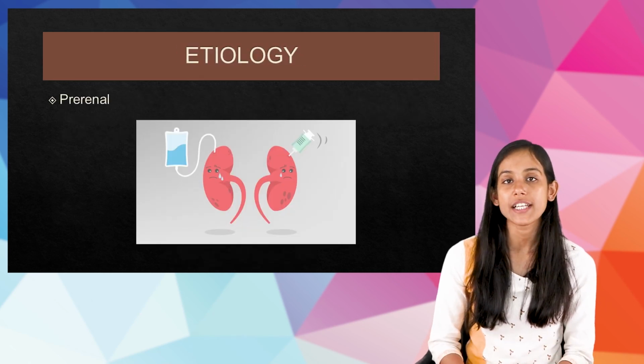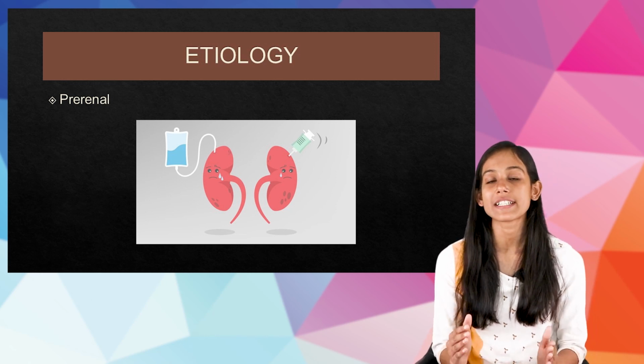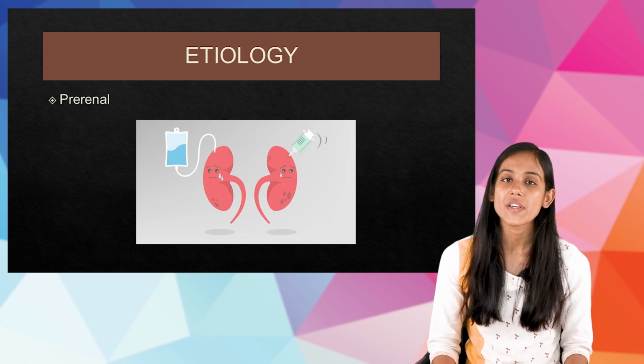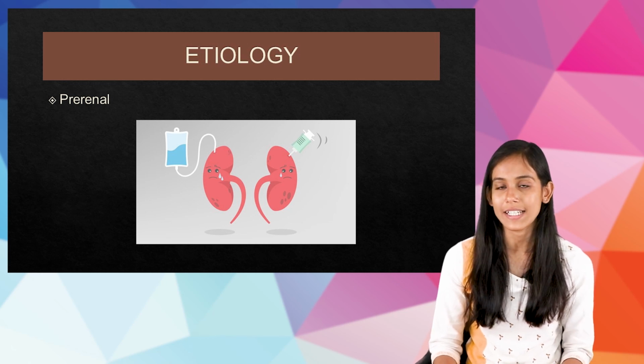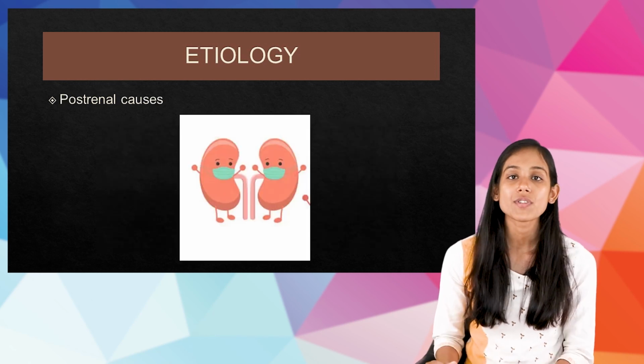Now let us move to the etiology. The etiology of acute renal failure can be divided into three causes, right? We have pre-renal cause, intrarenal cause and post-renal cause. First, let us talk about pre-renal cause. First we have to understand what we mean by the term pre-renal.